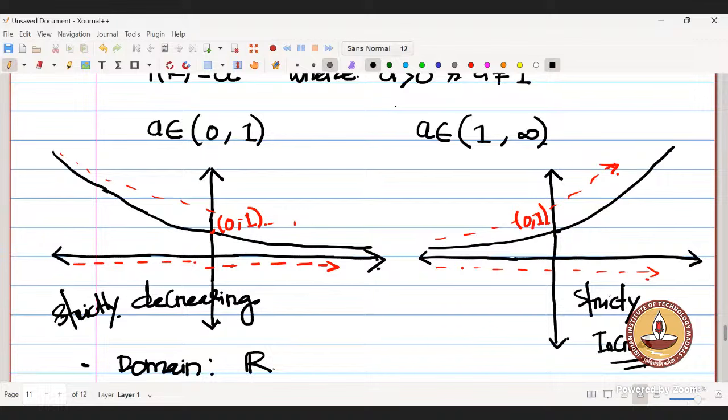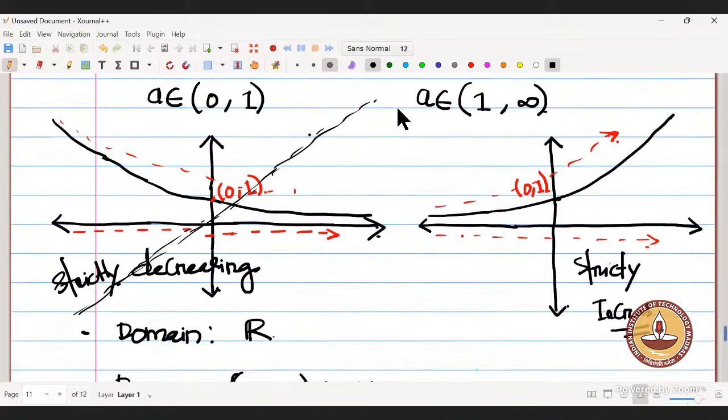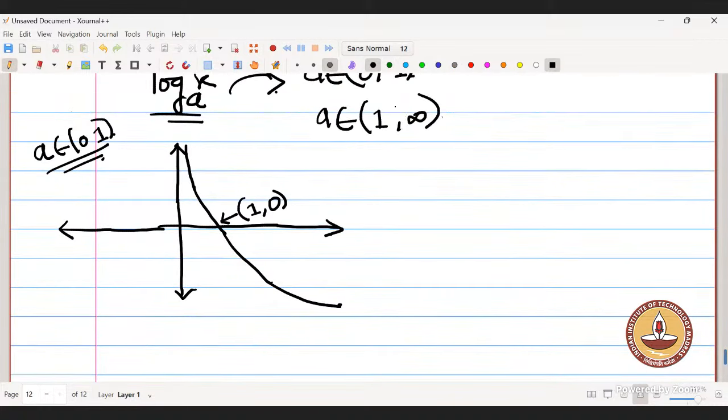It will be a reflection with respect to this line, right? So in that case, I will get this graph. Okay. So the reflection of 0, 1 with respect to the line y equal to x is basically 1, 0.